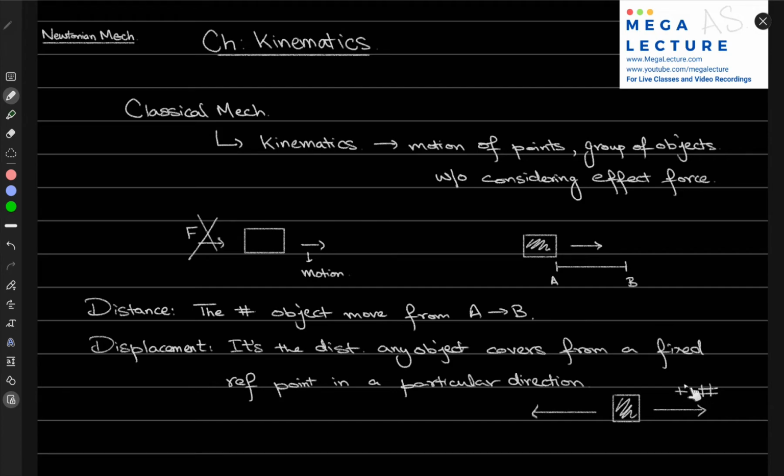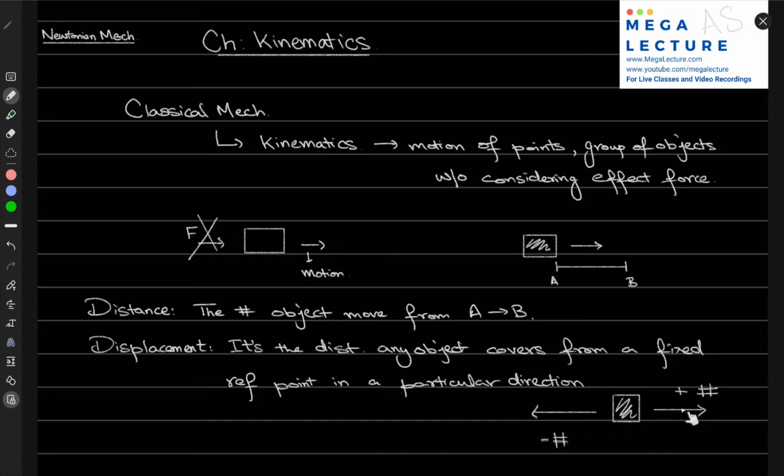Suppose you assign positive to that number, then you're assigning this sign to this direction of motion. And then the opposite would be negative, implying that the direction is in this way.